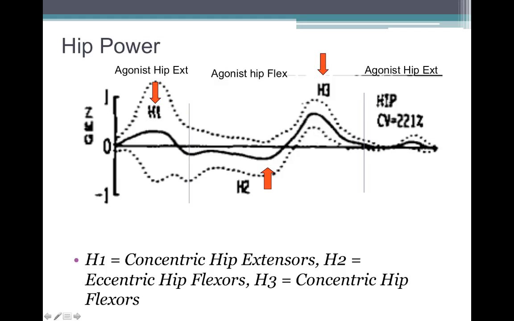That's what passively flexes the knee as we go into swing phase. And then we can see this late burst here in terminal swing, which accounts for the slowing down of the hip flexion that's going on in terminal swing.